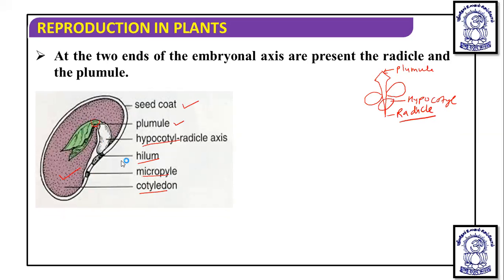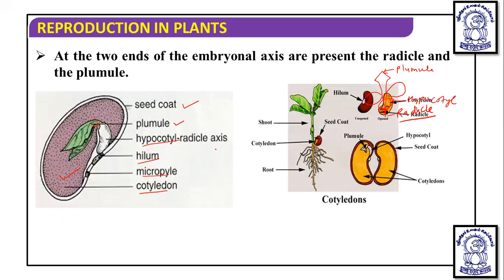Now, dear students, if we go on talking about this in further detail, this is also one of the important diagrams shown here. You can see that this is the shoot and this is the root.